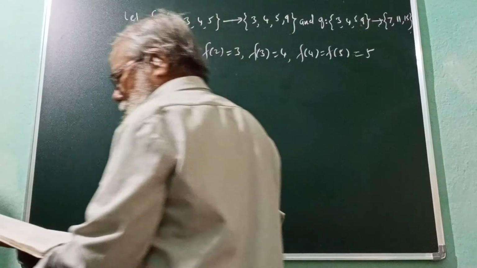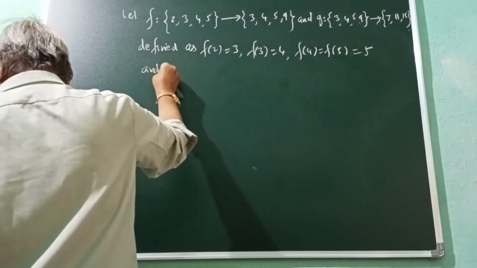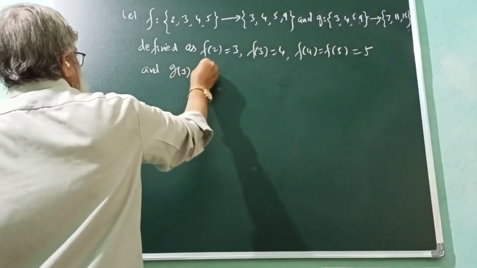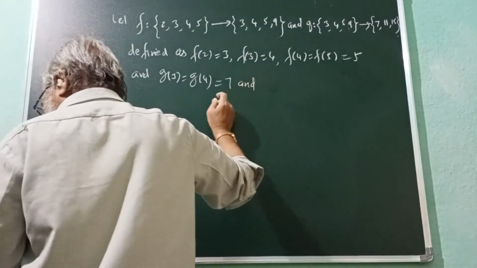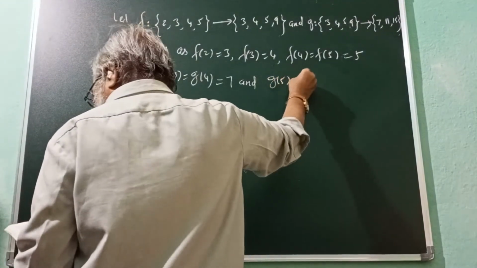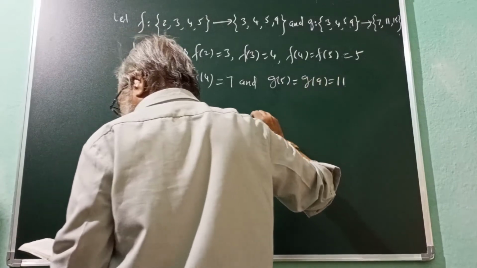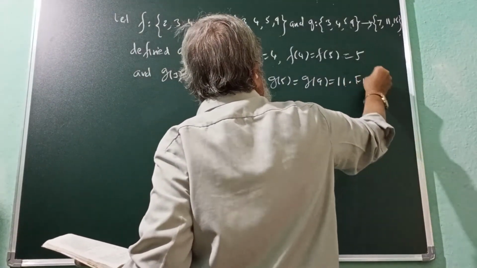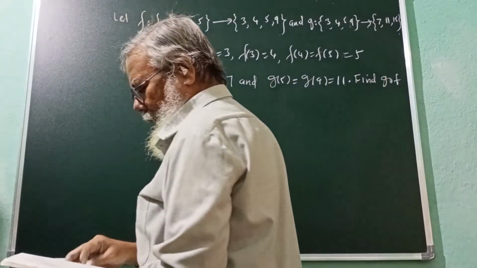Similarly, we have g of 3 is equal to 7, g of 4 is equal to 7, g of 5 is equal to g of 9 is equal to 11. Find g composition f. Look here how to find out.